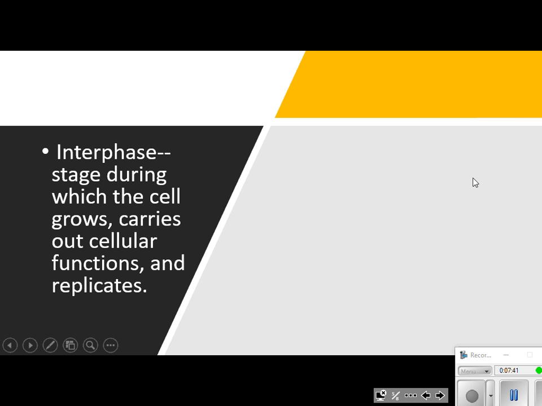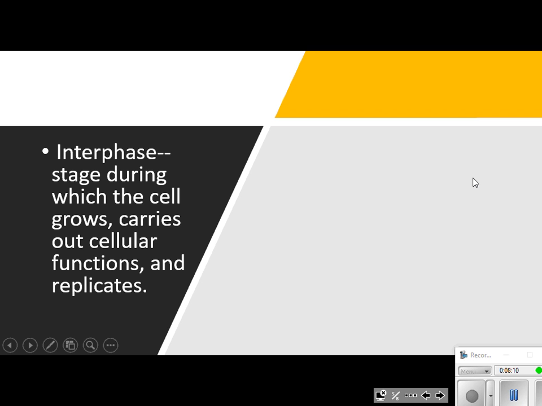Interphase. Interphase is a stage in which the cell is growing. It's carrying out cellular functions, and it's also replicating. What's replicating mean? If I would replicate something, I would be doing what?